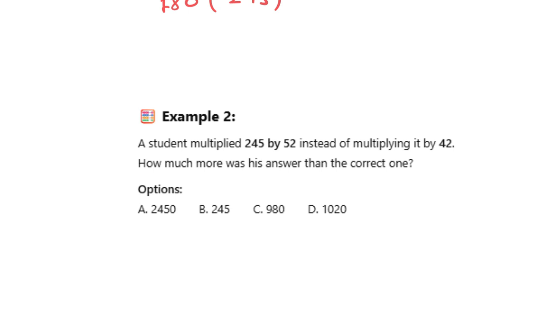The options are A 2450, B 245, C 980, and D 1020. Use the same property to solve this, pause this video, and once you have solved it, run the video again and see your answer.